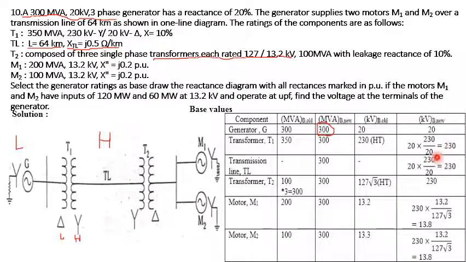So 230 by 20 times 20, you will get 230. So 230 kV is the new value.